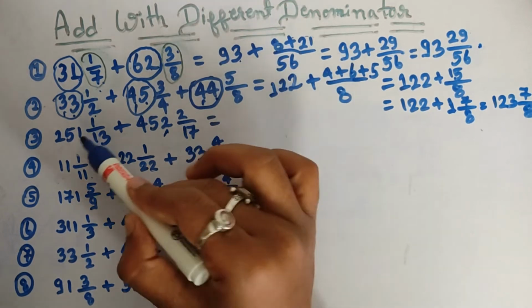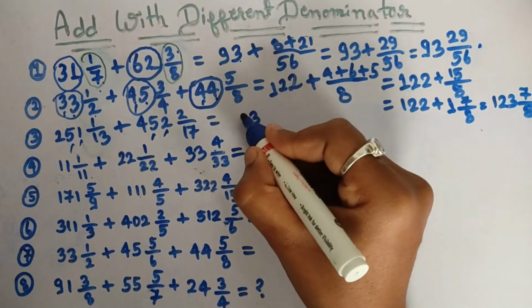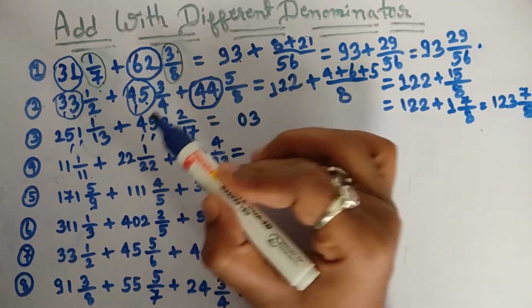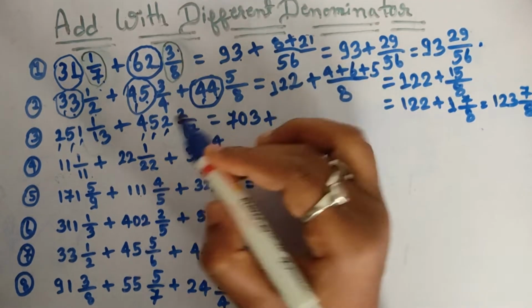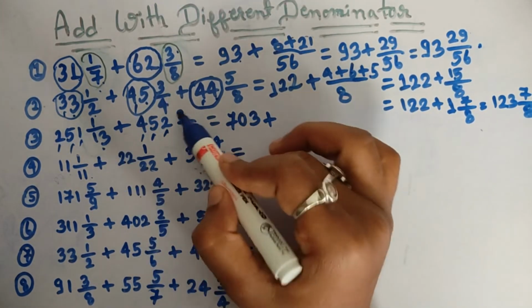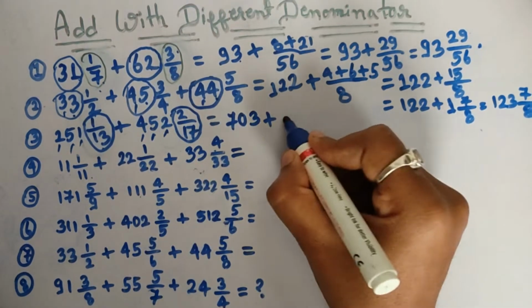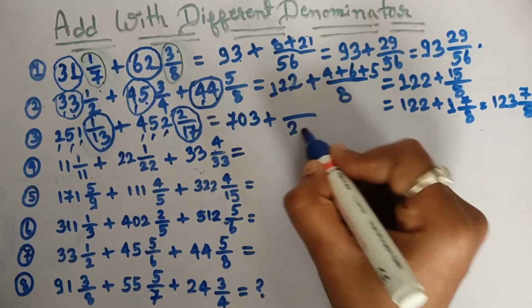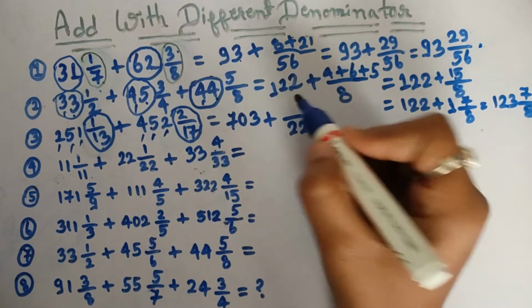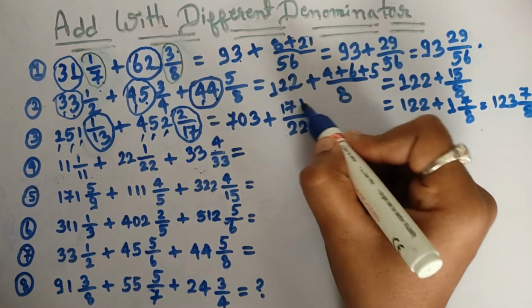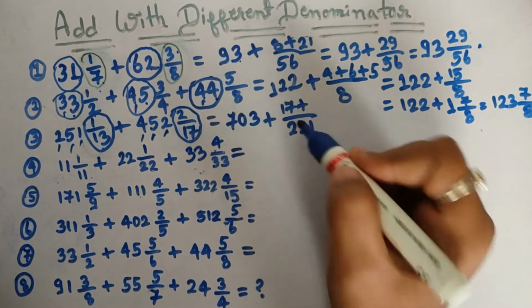Add the simplest form. 5 plus 5 equals 10, 0 carry 1, 4 plus 2 is 6, 1 is 7, so 7 and 3 plus. Now take the LCM of 13 and 17. As you know, the LCM of 13 and 17 is 221. So 221 divided by 13 equals 17, plus 221 divided by 17 equals 13.